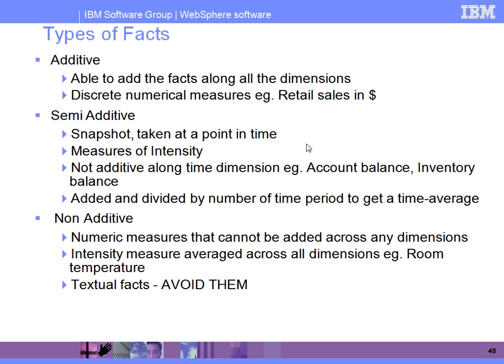I can use that numerical value across any of the dimension tables. Such kinds of facts are additive facts. Like customer counts, or retail sales in dollars, and total transaction amount. Such numerical values are generally used for any calculations across the dimension tables. That we can simply call additive.